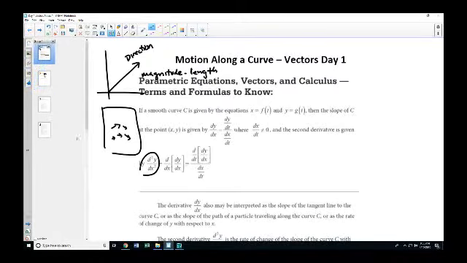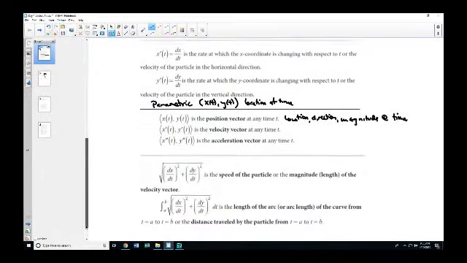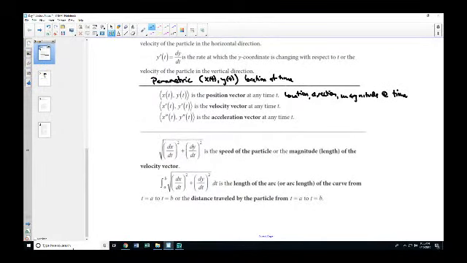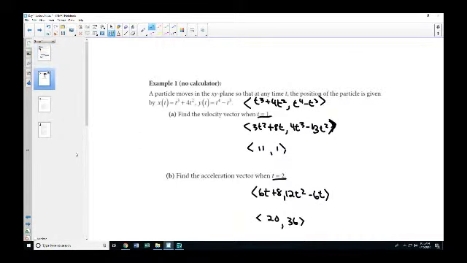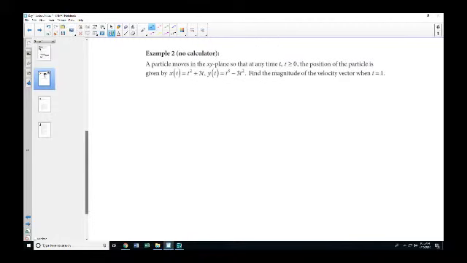Magnitude of the velocity vector, so it is the parametric speed equation, correct? We have the square root of dx/dt squared plus dy/dt squared.